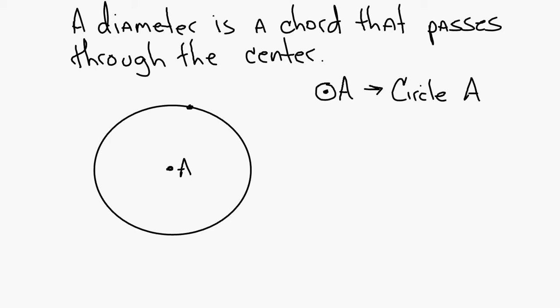Segment AB would be a radius, wouldn't it? That's a radius. Segment CB is a segment with endpoints on the circle. It's a chord.